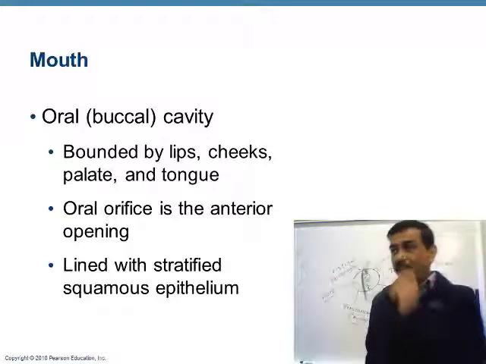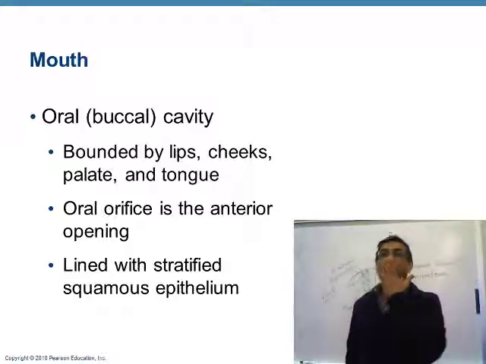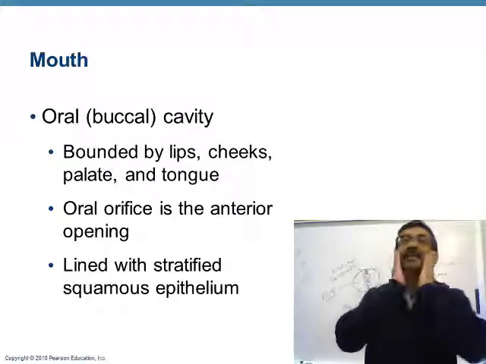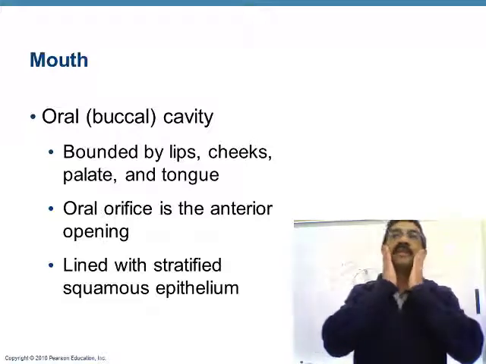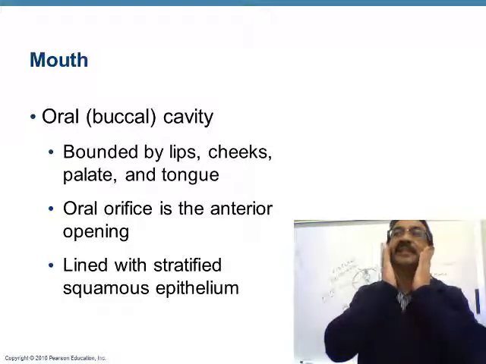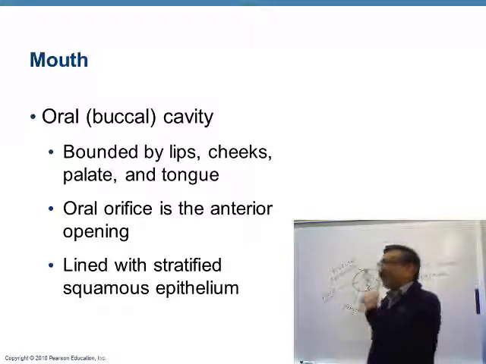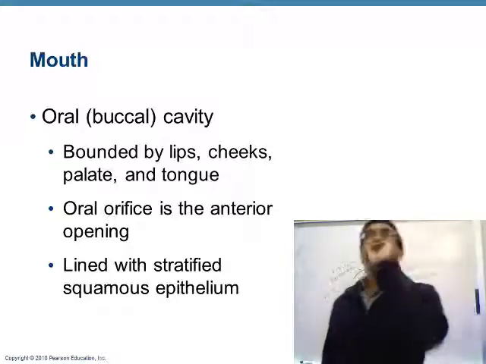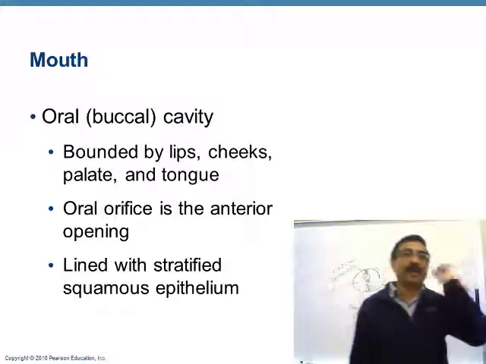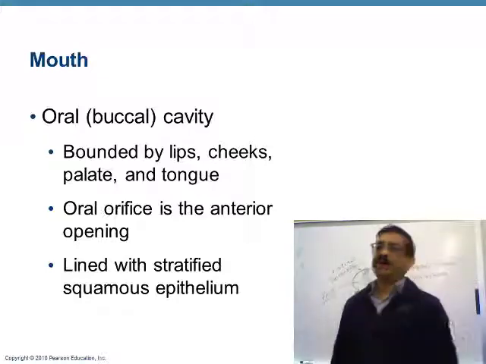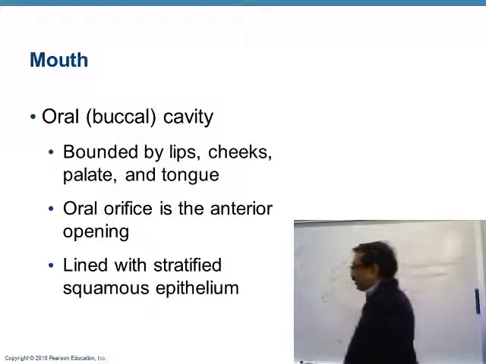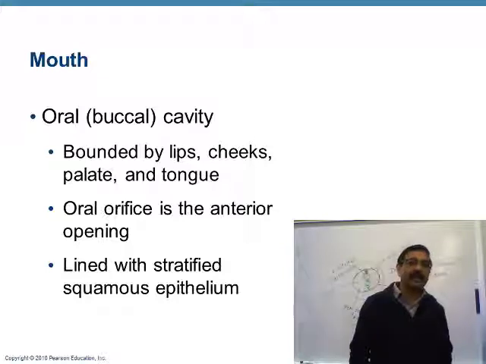Your upper and lower lips form the anterior boundary. The lateral walls are formed by the cheeks. Roof, if you put your finger and move up, you will touch the palate. So the roof of the mouth is the palate and the floor is the tongue. So those are the structures that form the boundary of the oral cavity or mouth.